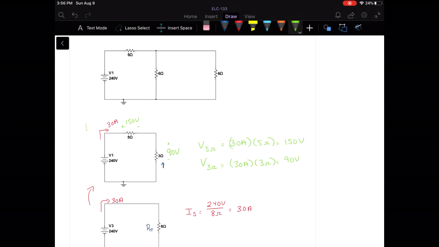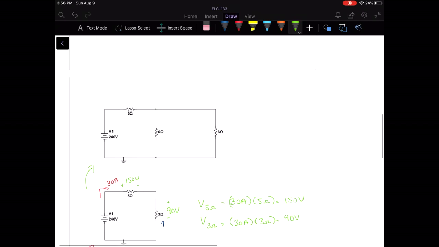So we're just going to step up to the next level and add what we've learned here, which is that we have 30 amps coming from the source. We have 150 volts here. The 90 volts here is across a 3 ohm resistor. Well, that 3 ohm resistor is actually the combination of 2 parallel resistors, and parallel resistors have what? The same voltage.